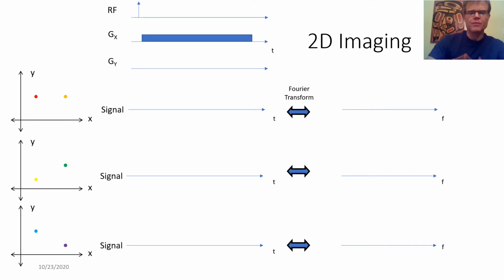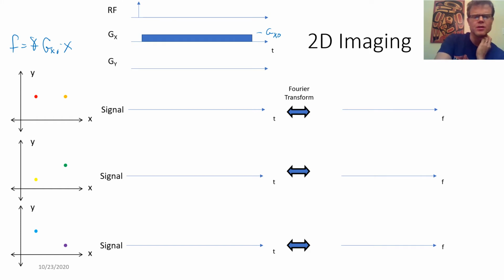And if we just apply this x gradient with some, say, amplitude Gx0, that means in our signal we're going to have a frequency that's going to depend on, let's just do it in the rotating frame here, so take out the B0 term, but Gx0 times x.